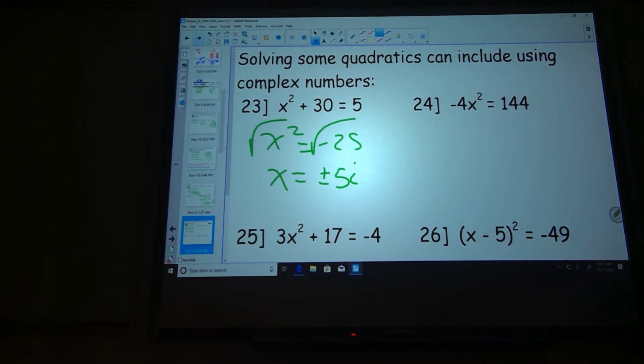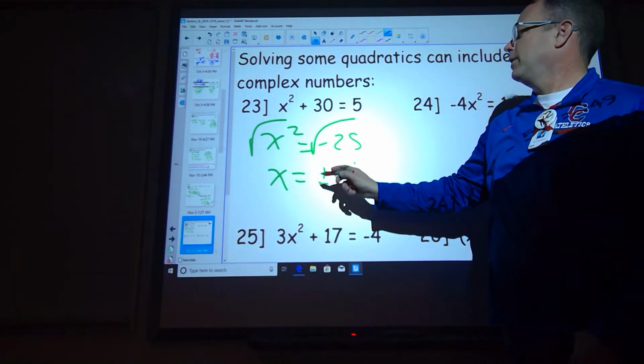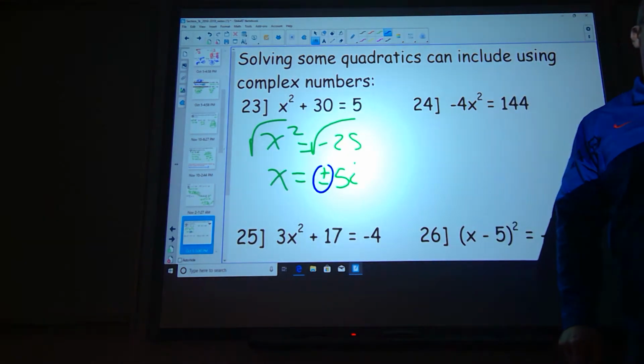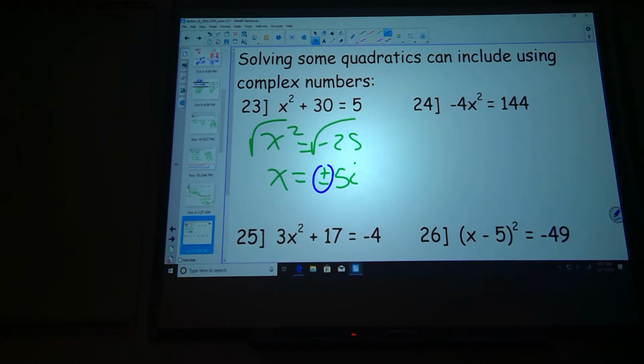This plus or minus took place because I took the square root of each side, so it comes along automatically. So why didn't you do i with the other one? The other ones didn't have any imaginary numbers. But this one, because I had a negative under the square root, I had an i.